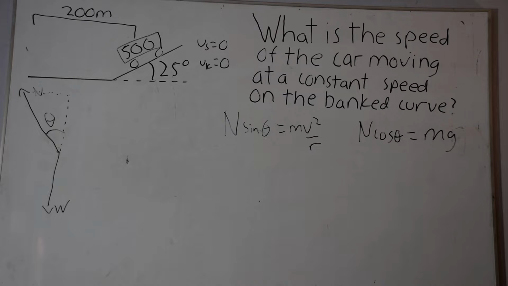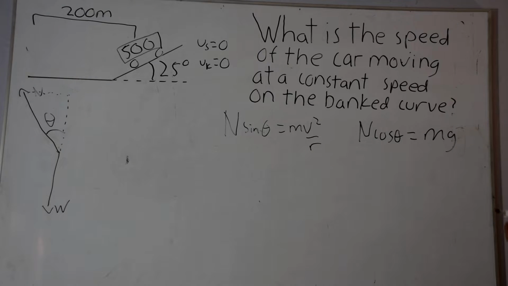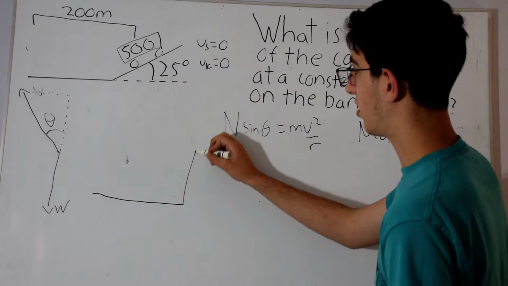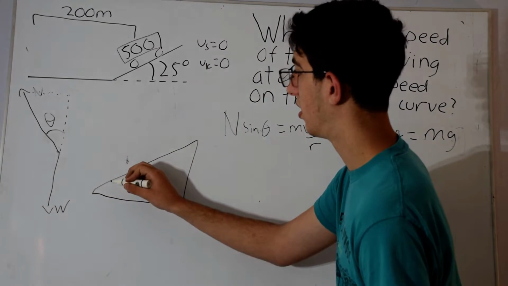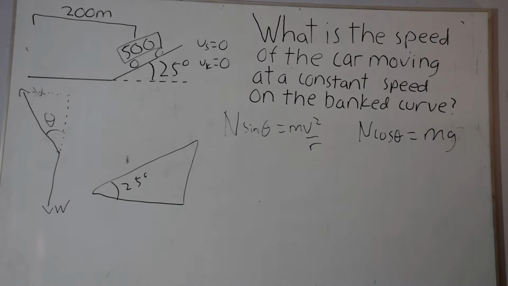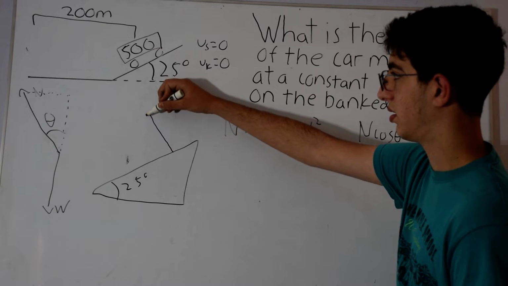Okay, great, but we can't really do anything if we don't know what theta is. So let's figure out what it equals. So let me just draw the inclined plane, and I have 25 degrees. And let me just draw the normal force, which is perpendicular to the plane.